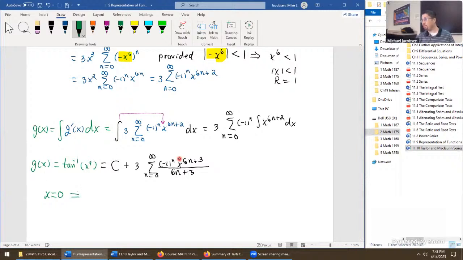If x is 0, then that would imply on the left we have tangent inverse 0 equals, on the right it's a constant plus 3 times sum from 0 to infinity of just 0. Once we plugged in 0 for x, we don't have anything here any longer. If you didn't write anything at all, that'd be appropriate as well. Then also tangent inverse of 0 is 0 because tangent of 0 is 0. So the constant is 0 as well.